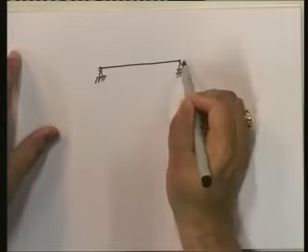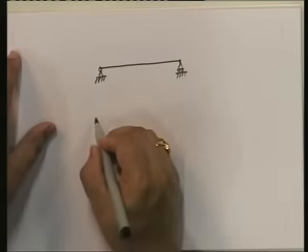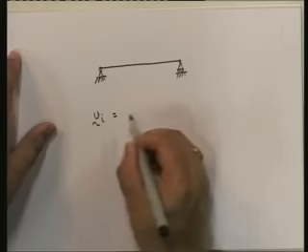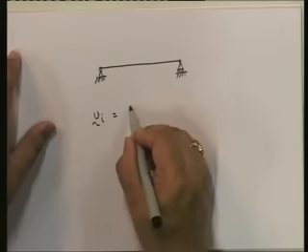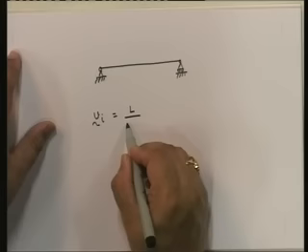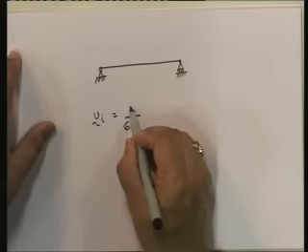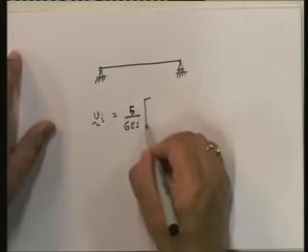There is no load, and therefore v1, which are the two rotations at the two ends, are equal to, I'm going to write this in this format, L upon 6EI, and L in this particular case is 5.